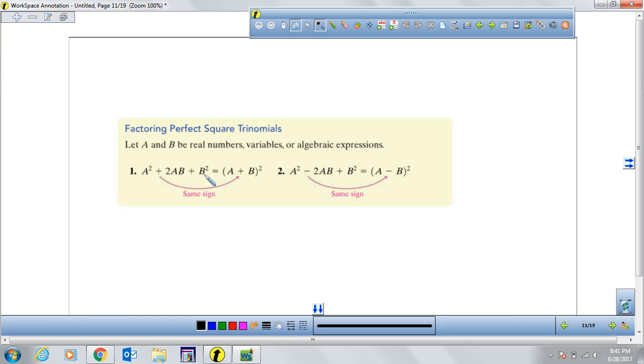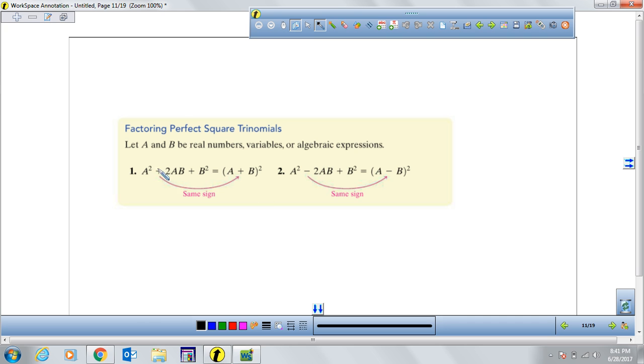Also, I need to find something that when squared gives me the last term, which is the third one. Then I multiply those two terms and multiply the answer by 2 and check if that gives me the middle term. If it does, then we can write that down as a square, which means a factor repeated 2 times.